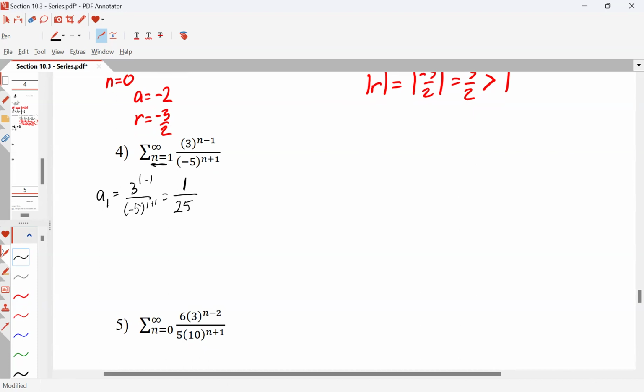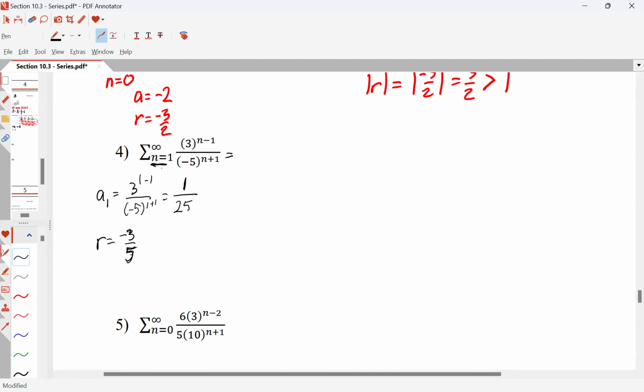So a sub 1 is 1 over 25. R is the stuff with the exponents. So that is the 3 because it has an exponent, and that is the -5 because it has an exponent. So R is -3/5.